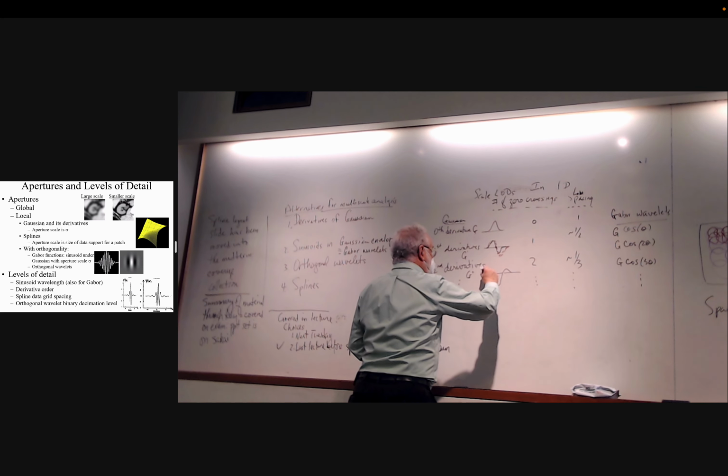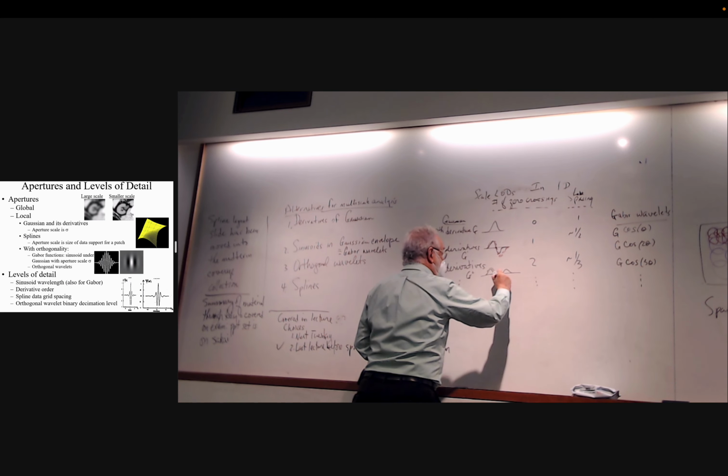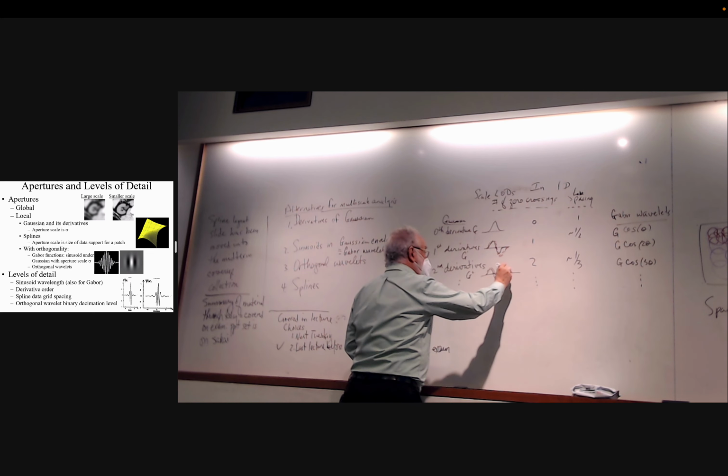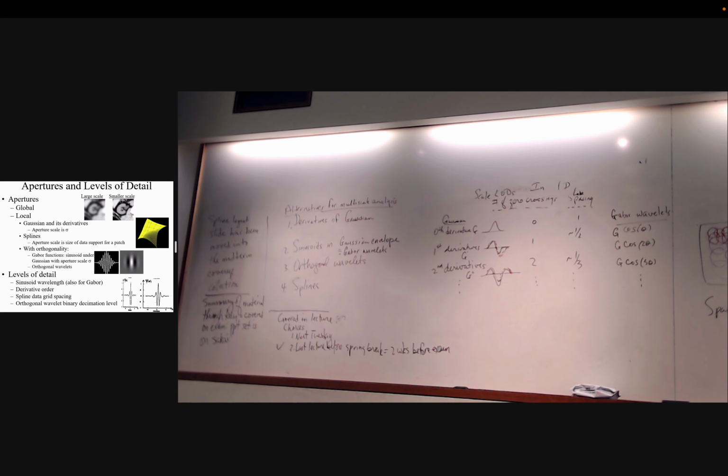Here, you know, it's a little different. It doesn't have exactly the same zero crossings, and these lobes are lower than here, but nevertheless, you get pretty comparable looking kernels from the Gabor wavelets and the derivatives of the Gaussian.